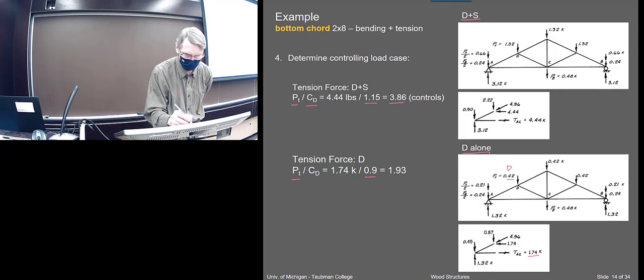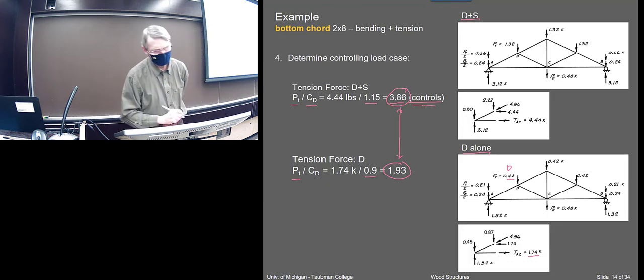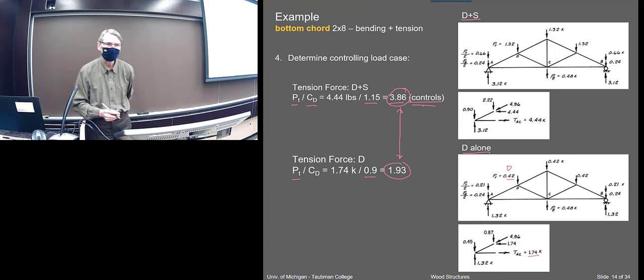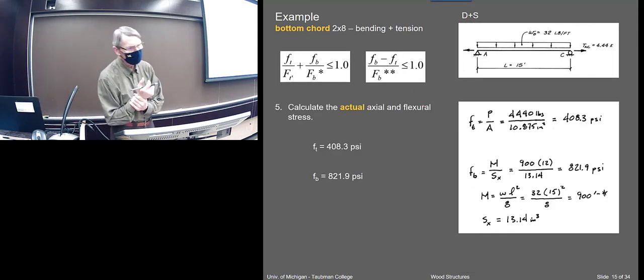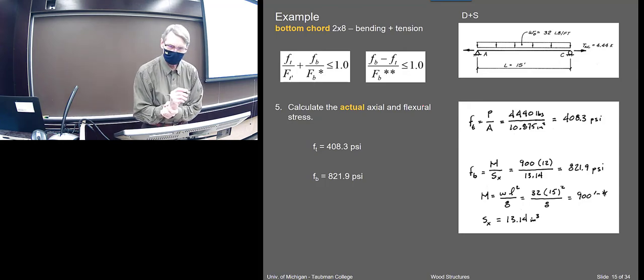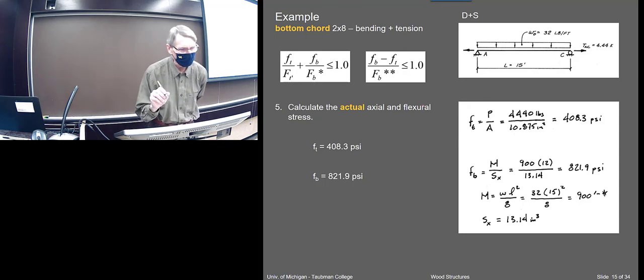But then you compare these two numbers and you see which one controls, and it looks like this one does, by quite a bit. So I don't have to worry about the snow melting and the attic being too heavily loaded. Snow load controls. Okay, so then we go on, with that little aside.